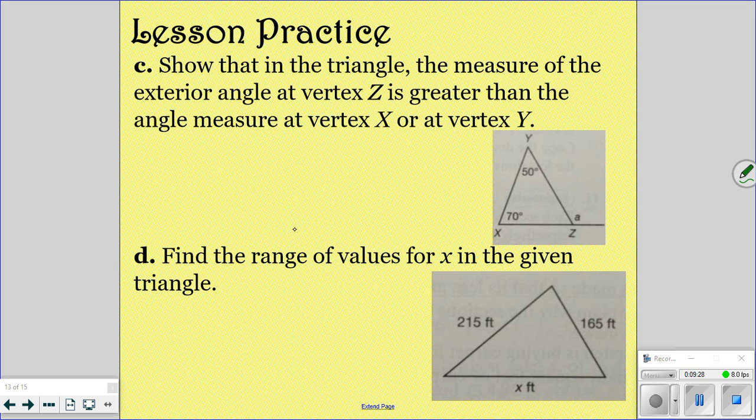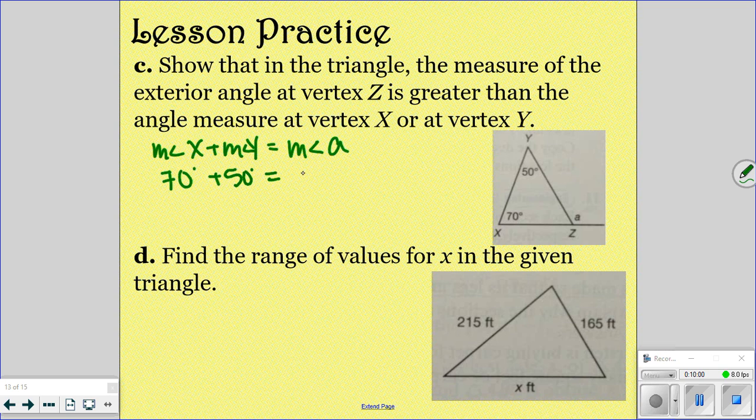We want to show that the exterior angle at Z is greater than the measure of X or Y. We know that the measure of angle X plus the measure of angle Y equals the measure of angle A. And so X is 70 and Y is 50.